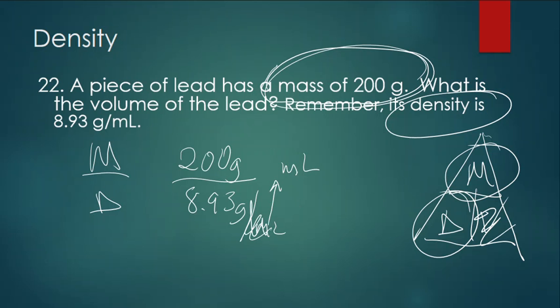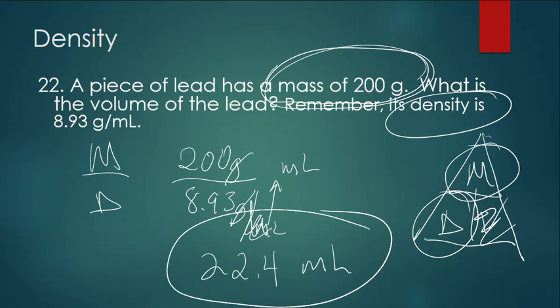A denominator in a denominator is a numerator. Okay, so do we have units that we can cross out? What is 200 divided by 8.93? Anybody disagree?